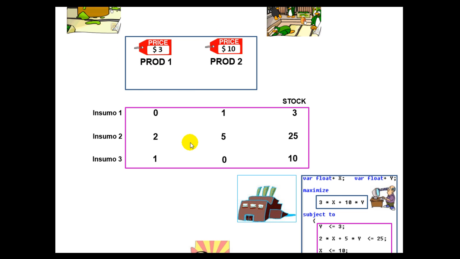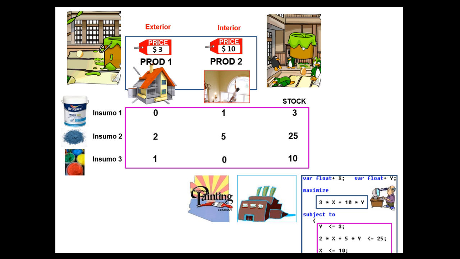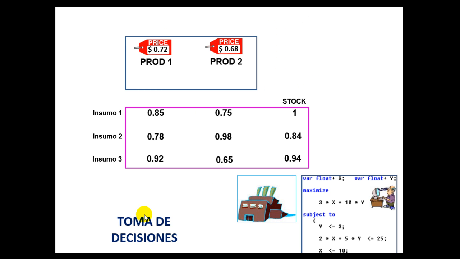But in both cases we are talking about producing and selling things. Well, this is basically linear programming. The case of decision making is similar, but the approach is different.